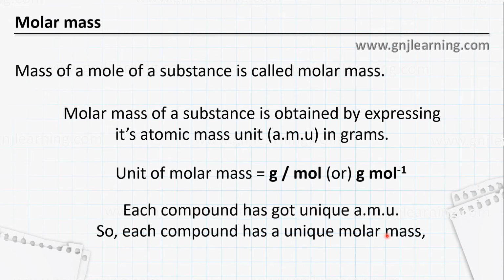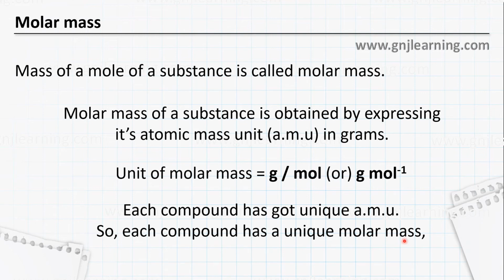As each compound has a unique AMU, each compound has a unique molar mass. As we know that AMU, when expressed in gram, is the molar mass. So since we have learned in the last part that each atom and each compound has a unique AMU, that means each substance or each compound has a unique molar mass.